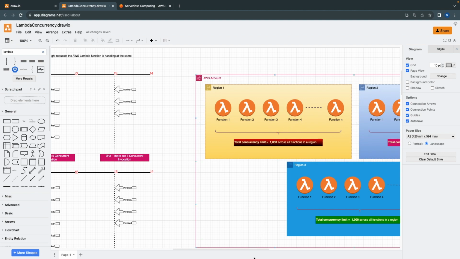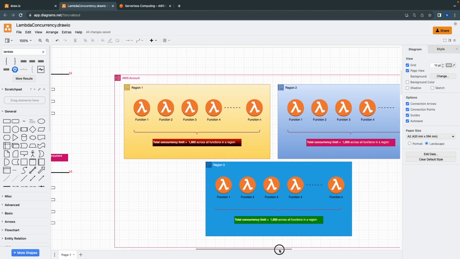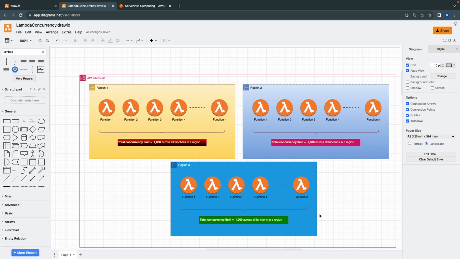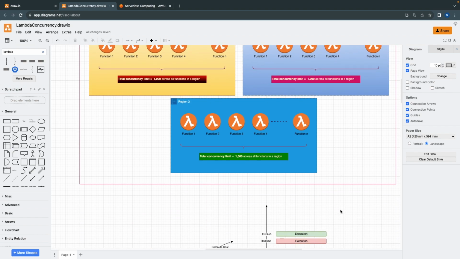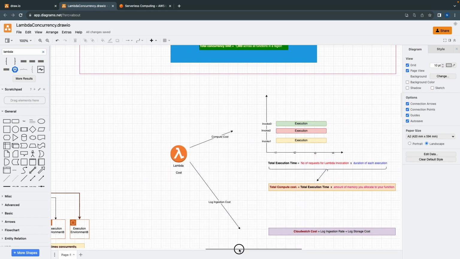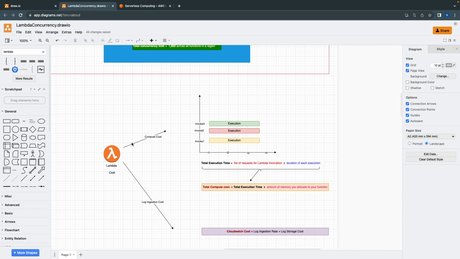But now let's look at how Lambda pricing is calculated to understand the settings that need to be changed. Lambda mainly has two cost levers. One is the compute cost, the other is the log ingestion cost. We'll first look at the compute cost.